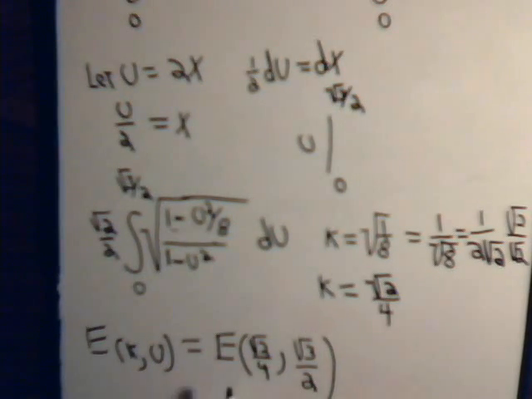And then if we want, we can look this up in a table of values to see what numerical value it has. We're going to stop here.